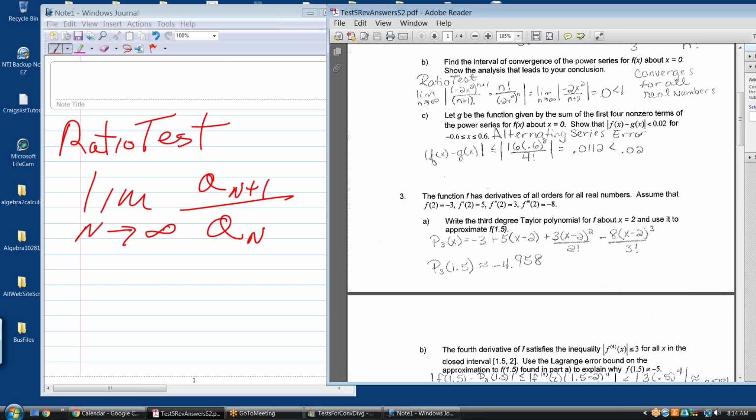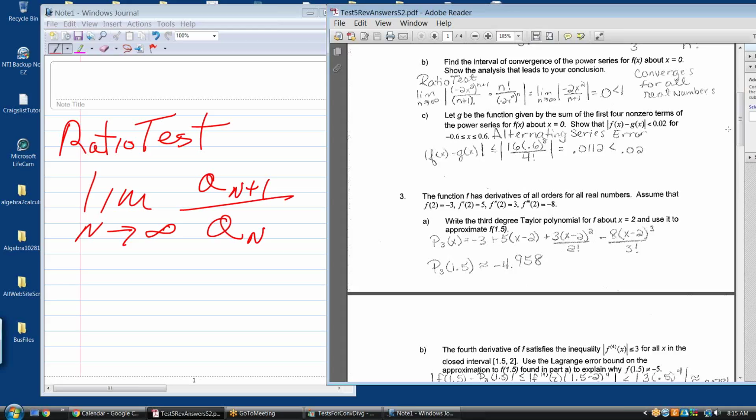But as long as the n is in the denominator and it blows up, then the whole thing goes to 0, which is less than 1, which means it converges for all real numbers. No matter what x is, I could make x a billion, and the denominator is still going to eventually outpace it and drive that whole limit to 0. So it converges for all real numbers because it's convergent no matter what x is.